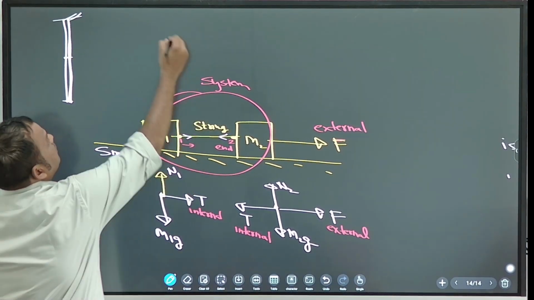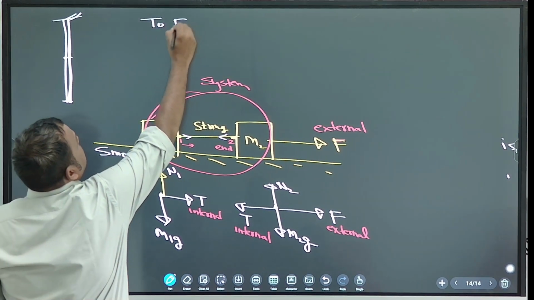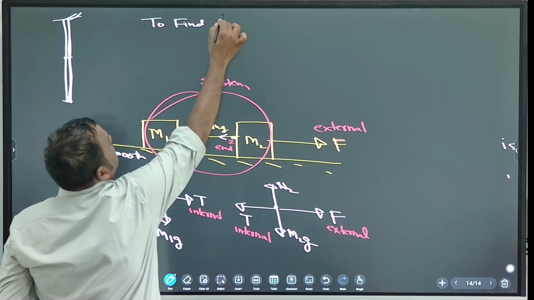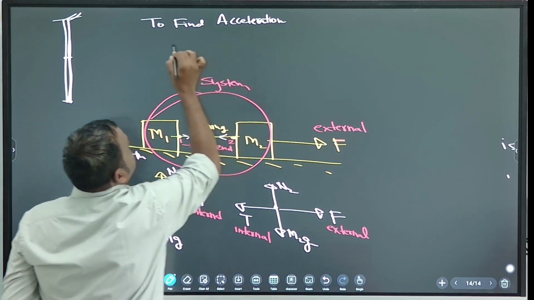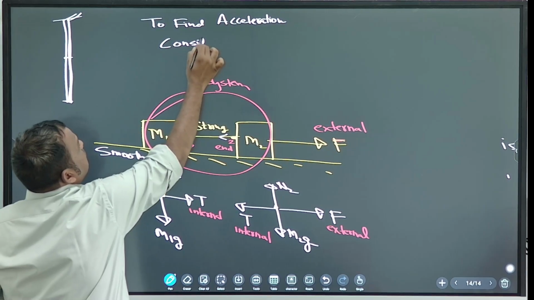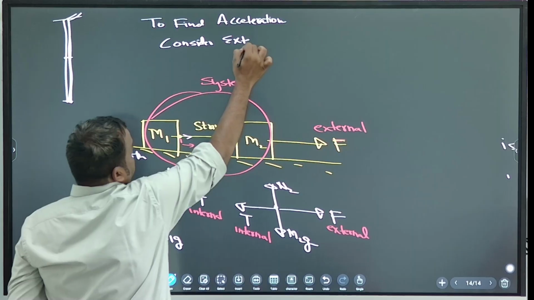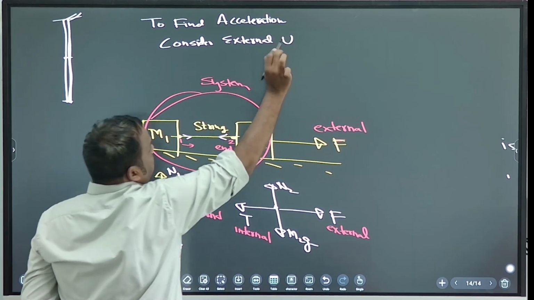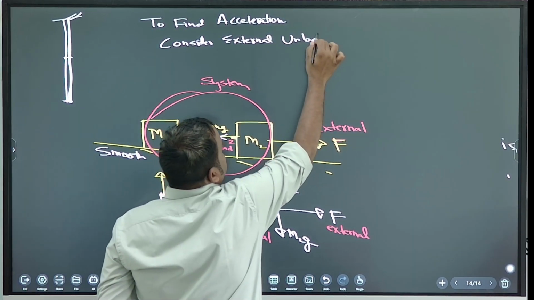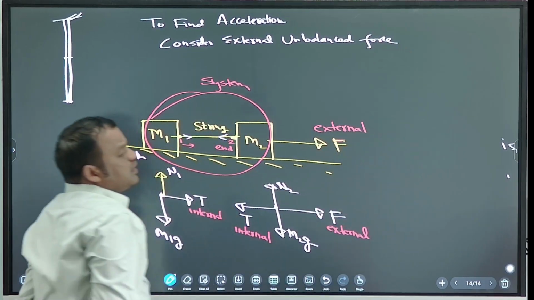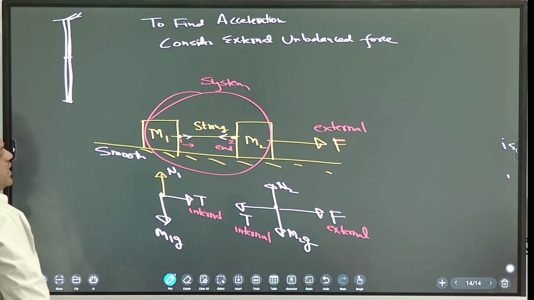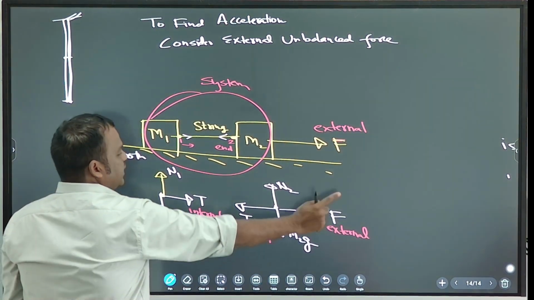Now write down, to find acceleration, consider external unbalanced force. So what is the external unbalanced force here?